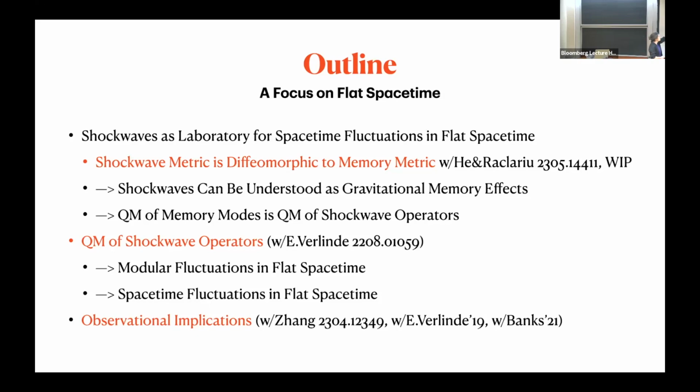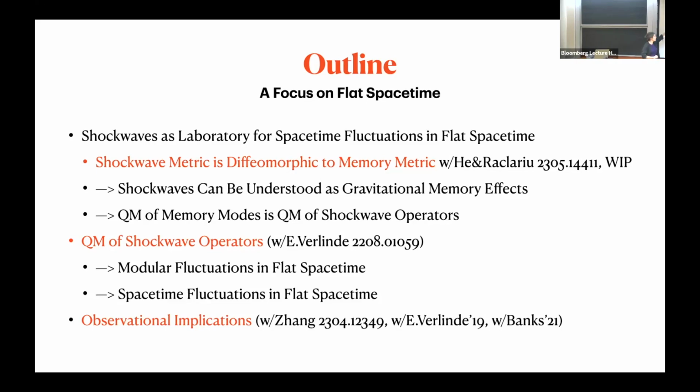Then I want to use this last point, the quantum mechanics of the shockwave operators, to show that if you have a particular commutation relation and you're in a minimum uncertainty state, that implies something that's analogous to modular fluctuations that are known in AdS/CFT, that they actually appear in flat space-time.